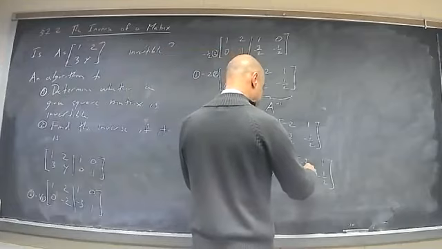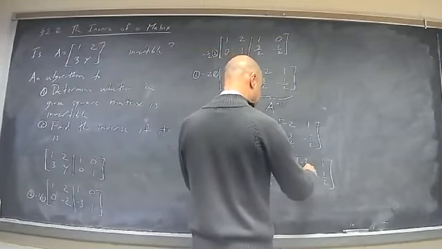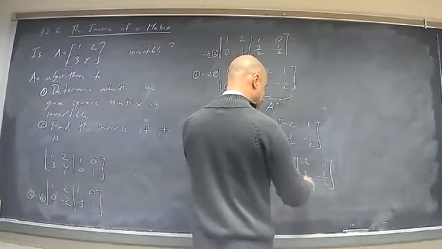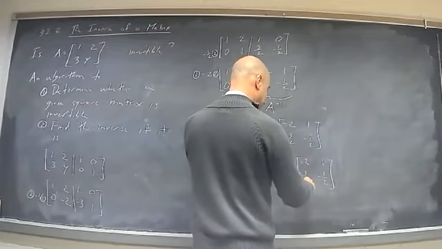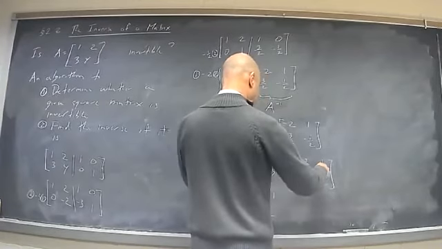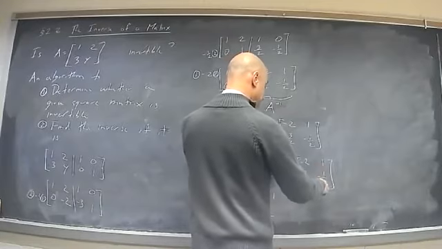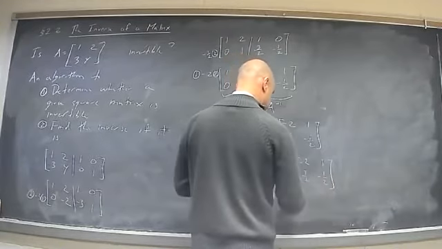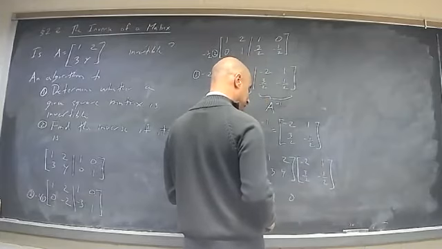So 1 times -2 is -2 plus 2 times 3/2. So -2 plus 3 is 1. So 2 times -1/2 is -1. So 1 minus 1, 0. This is looking very promising.